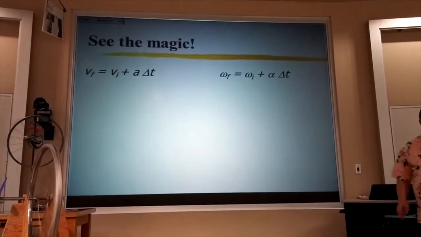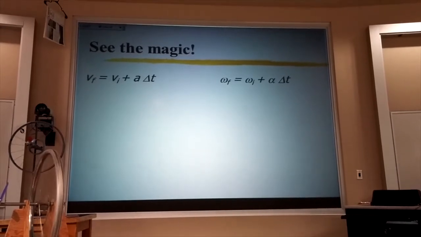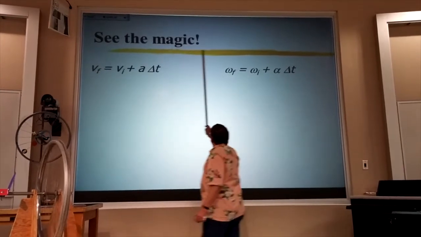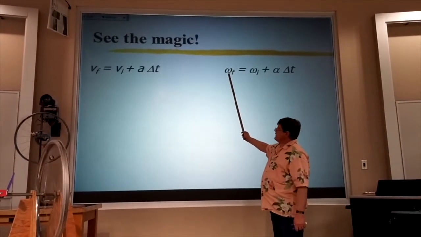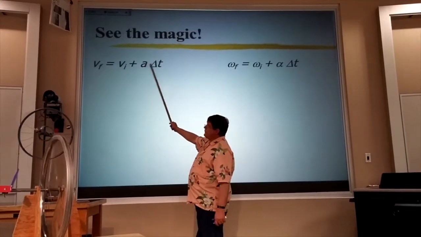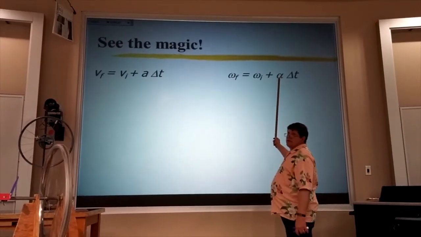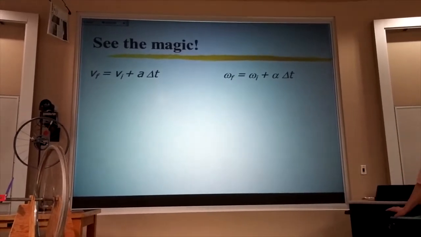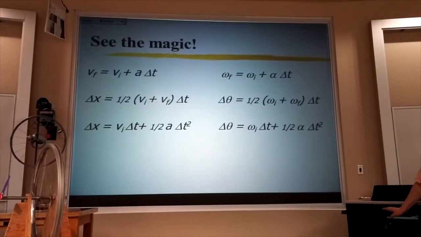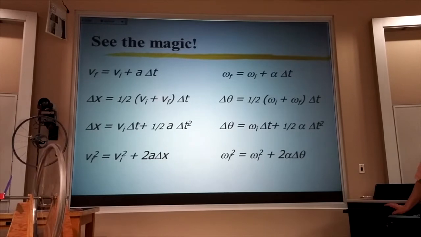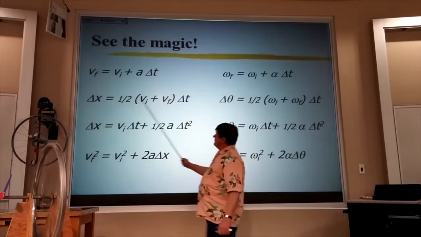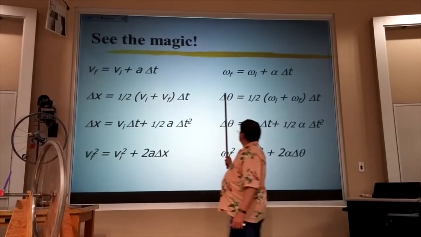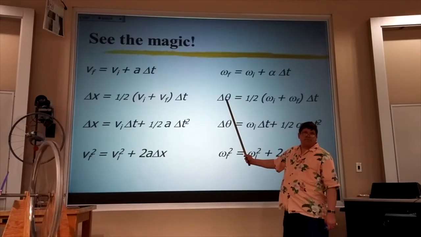The first kinematic equation looks like that. And you see, everywhere we have a linear velocity, we replace it with a rotational velocity. Wherever we have a linear acceleration, we replace it with an angular acceleration, and time is time. But all four of my kinematic equations have a rotational analog, and all I have to do is make the replacement between the linear, like in this case delta x, with the rotational delta theta.